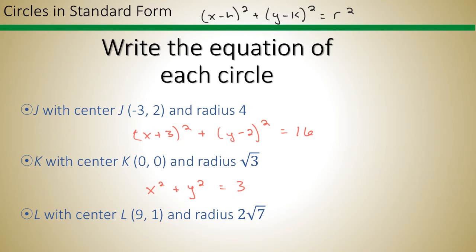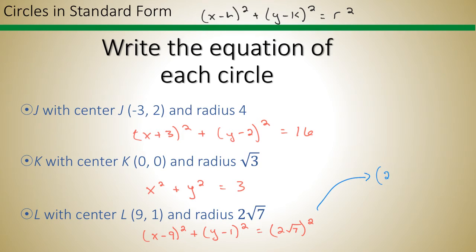Okay, and then the last one that we see there, we're going to say x minus 9 squared plus y minus 1 squared is equal to this 2 root 7 squared. So we actually need to square 2 root 7. And let me just go over here and square that.